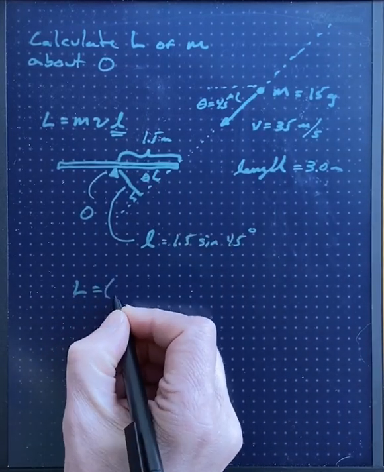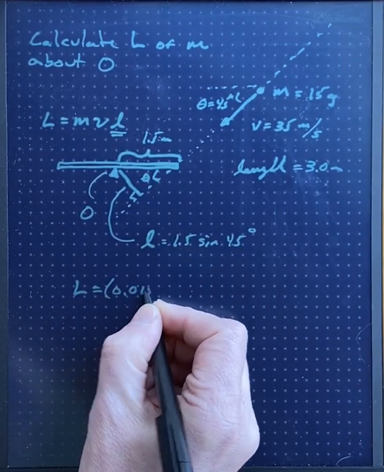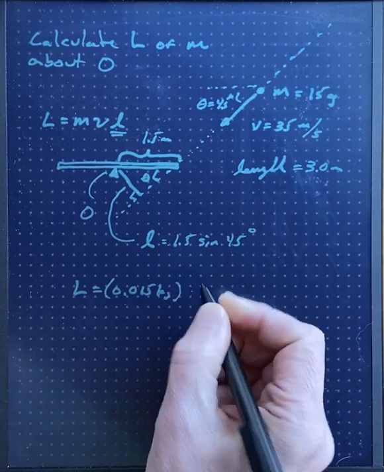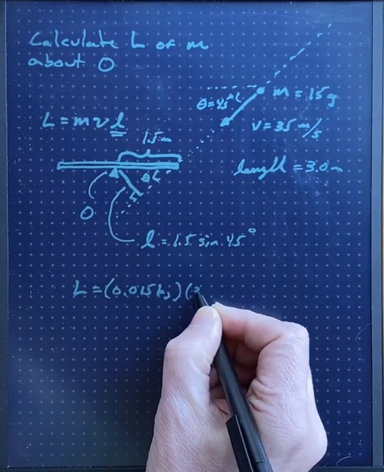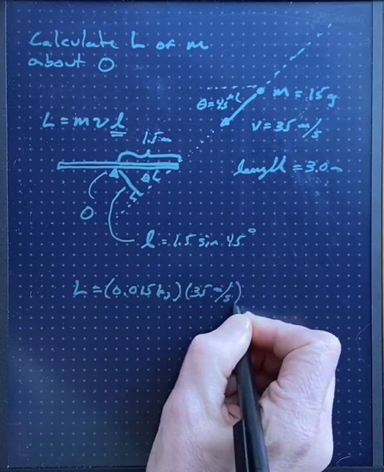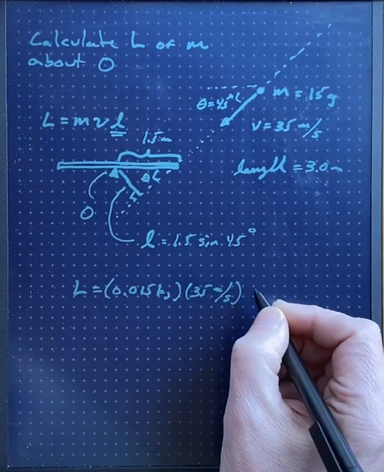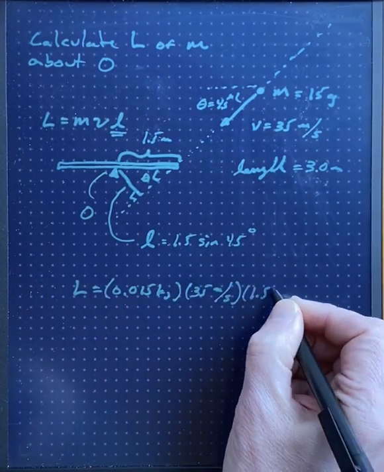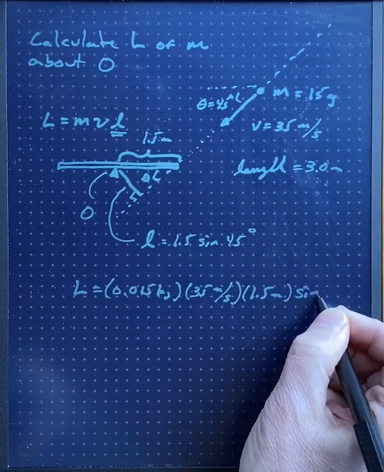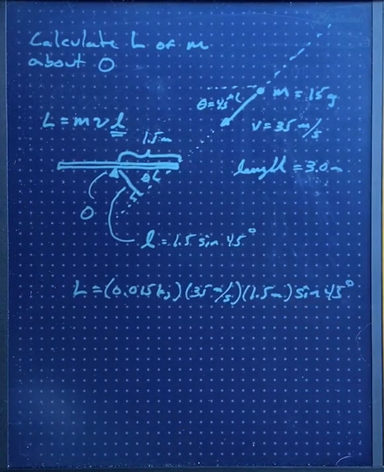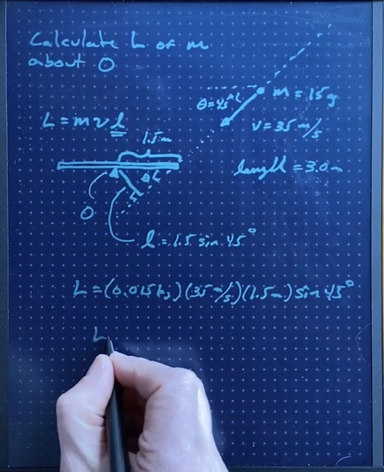We need the mass, but in kilograms. We need the velocity, or the speed, 35. And we need that lever arm, which is 1.5 meters times the sine of 45 degrees. So you can bang that out on your calculator as well as I can.